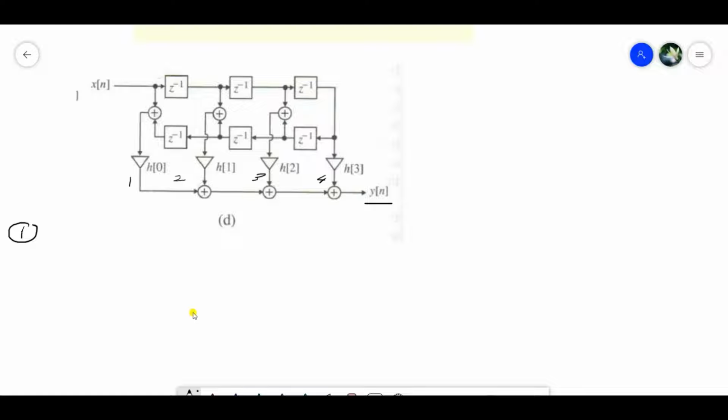We trace from here. It is xn going into a branch, and the output here is xn. Remember the node is a node. If a signal goes into a node, it makes copies of itself.